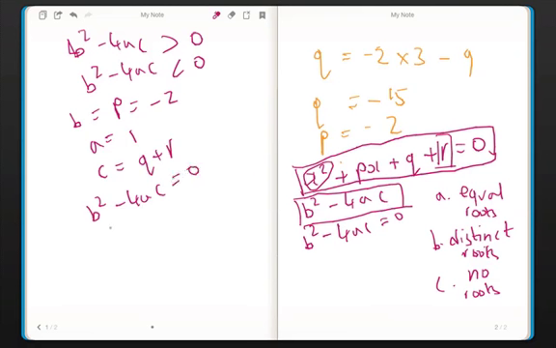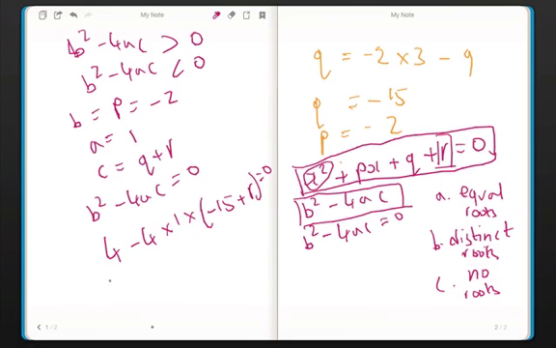So we have b squared, which in this case is 4, minus 4 into a into 1, into c, which is q plus r. In this case, we know the value of q, which is minus 15, plus r, sorry, not plus 2, is equal to 0.